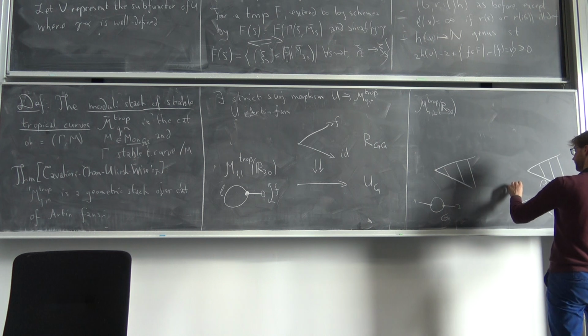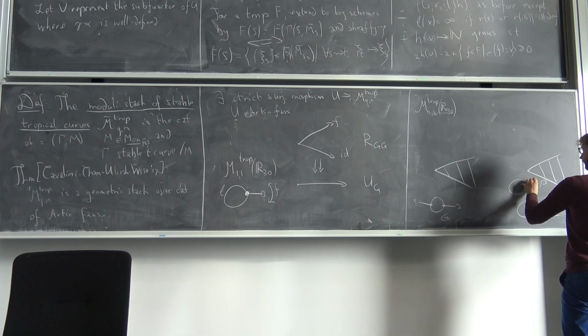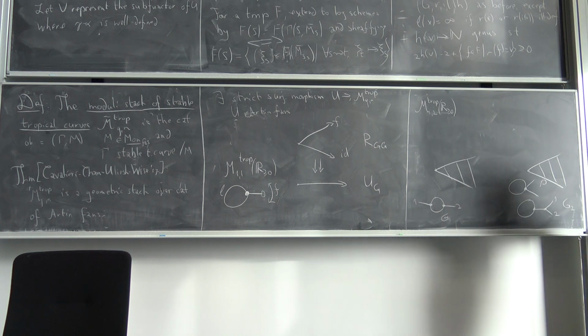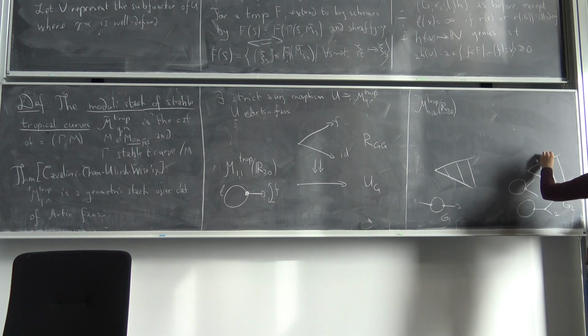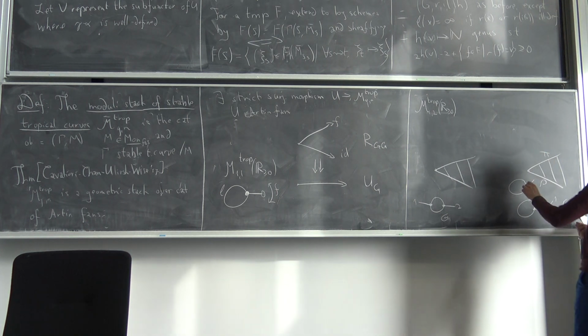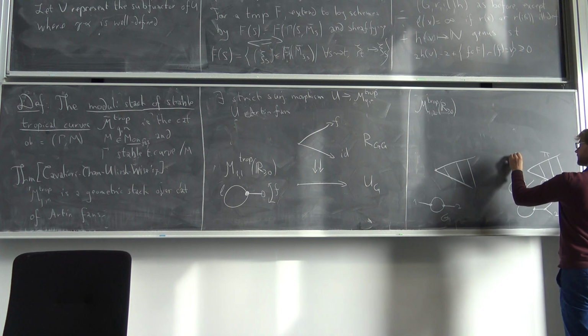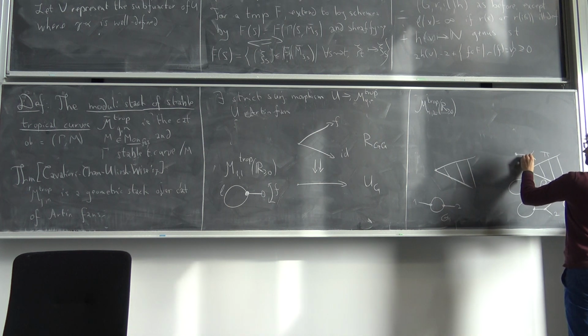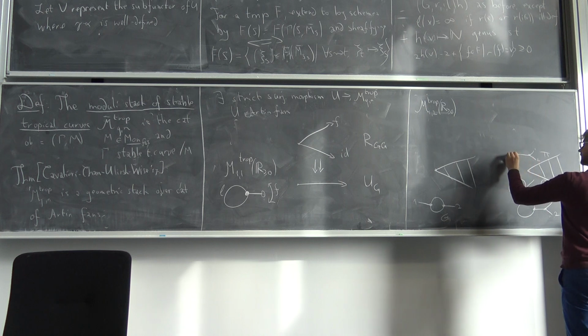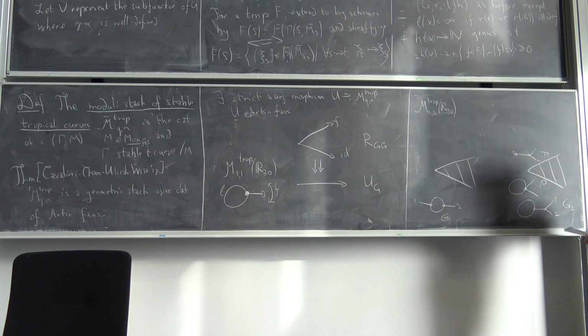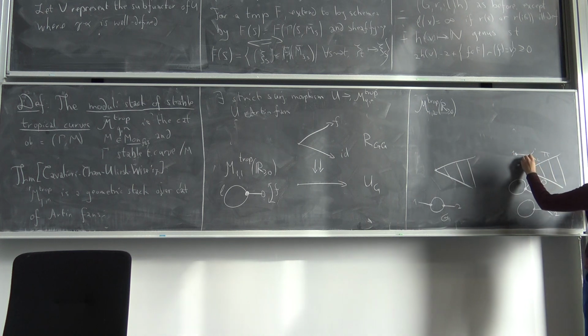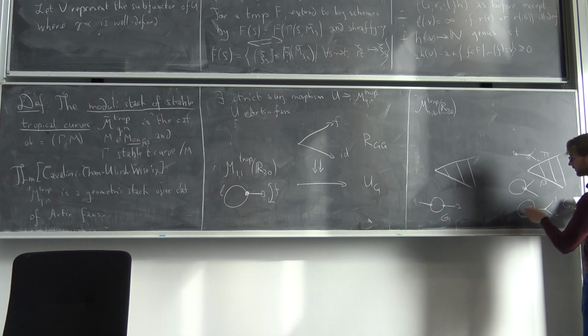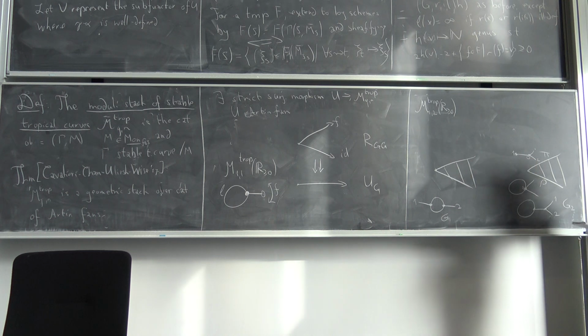And rho is the graph where one of them is 0. So this is a vertex. We also have pi, which is contracting the other one. So this now has genus 1. And of course, this has genus 0, this has genus 0, but we don't usually write that. It's too much trouble.